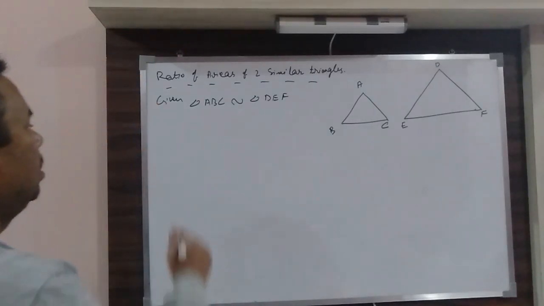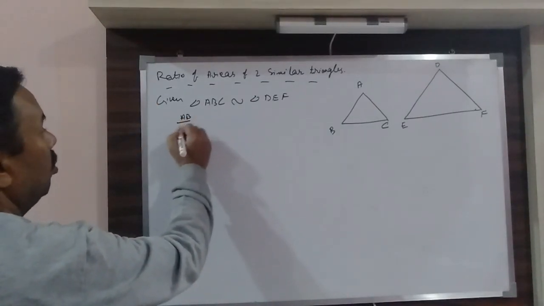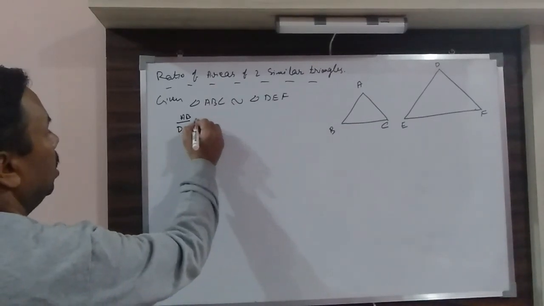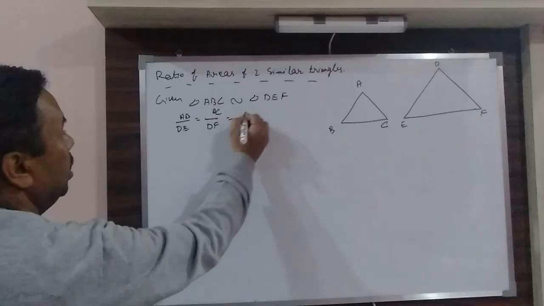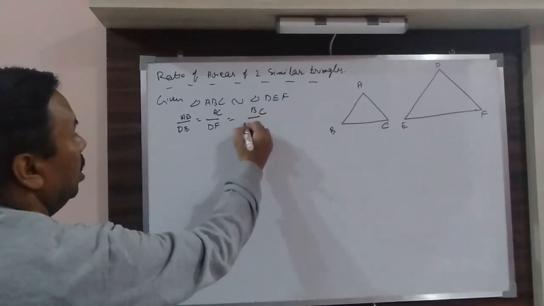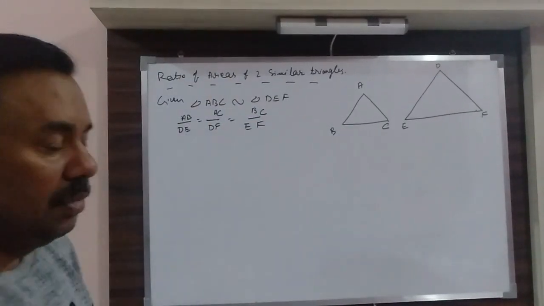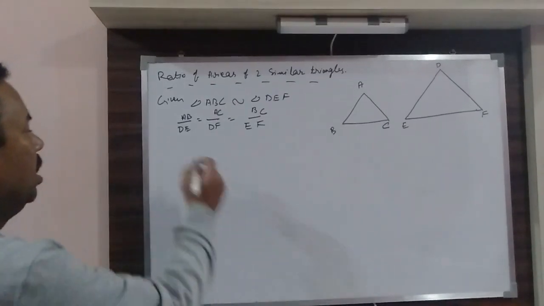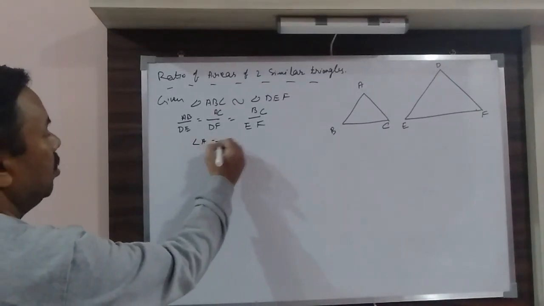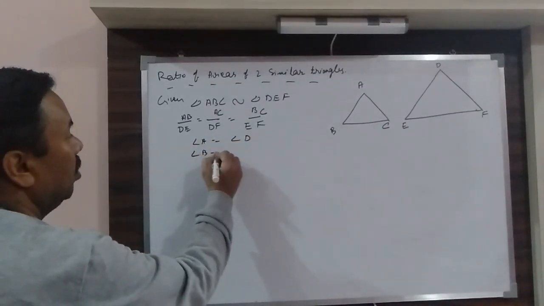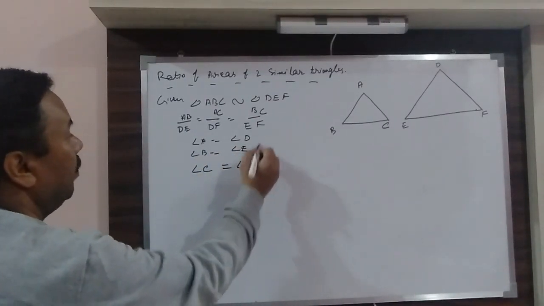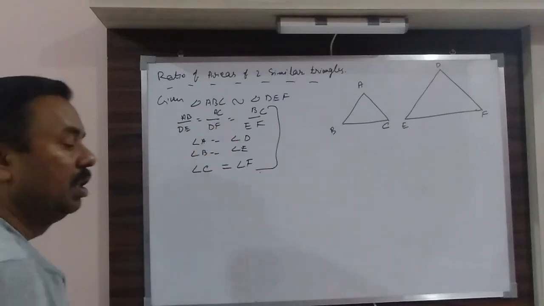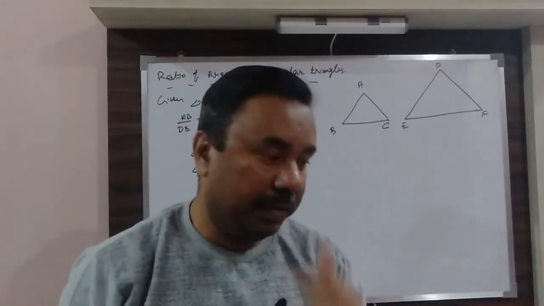It means that AB over DE is equal to AC over DF, and it is equal to BC over EF. That is the first condition. The second condition is that angle A is equal to angle D, angle B is equal to angle E, and angle C is equal to angle F.